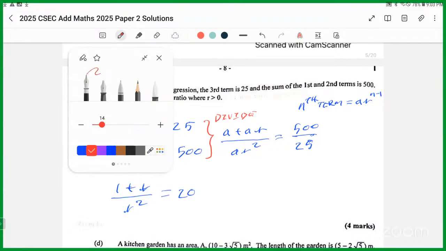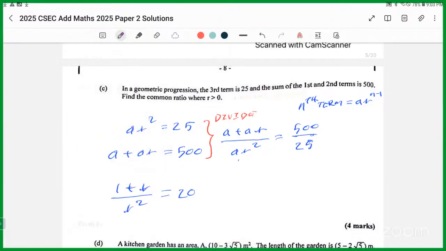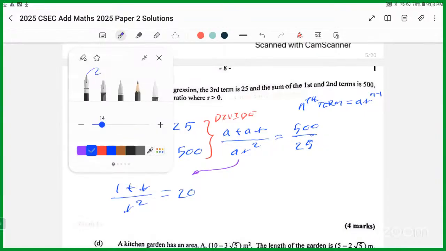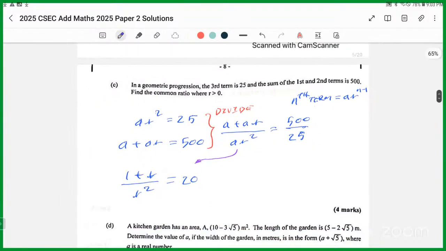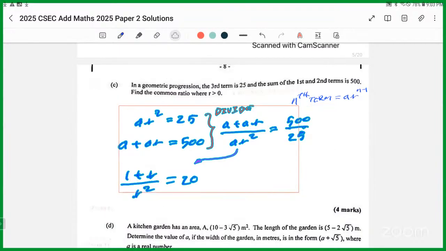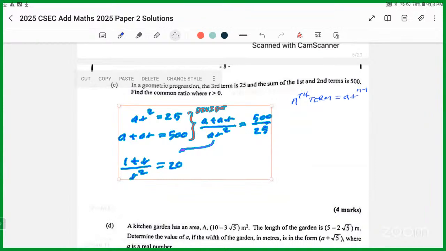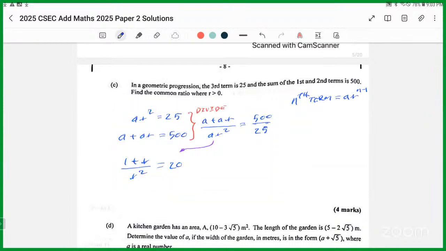Now they really don't give a lot of space to work. So this equation became that. And if I were to continue, maybe I'm writing too large. If I were to make this a little smaller. Right, I'm solving this now.